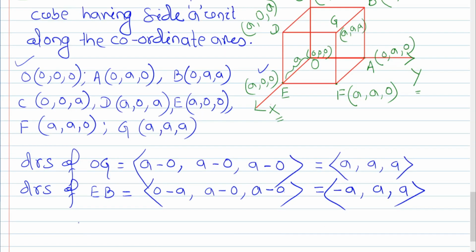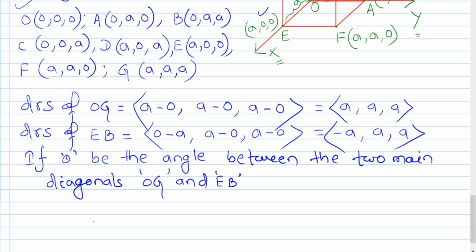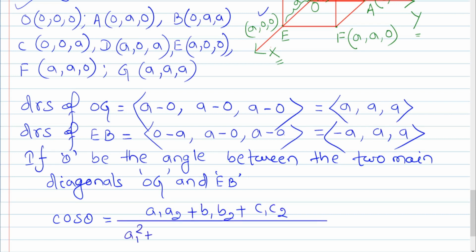Now we will take theta as the angle between the 2 main diagonals. If theta is the angle between OG and EB, you have taken OG and EB as 2 main diagonals, then cos theta is equal to the formula all of you know, (a1 a2 plus b1 b2 plus c1 c2) whole divided by the square root of a1 square plus b1 square plus c1 square, into the square root of a2 square plus b2 square plus c2 square.